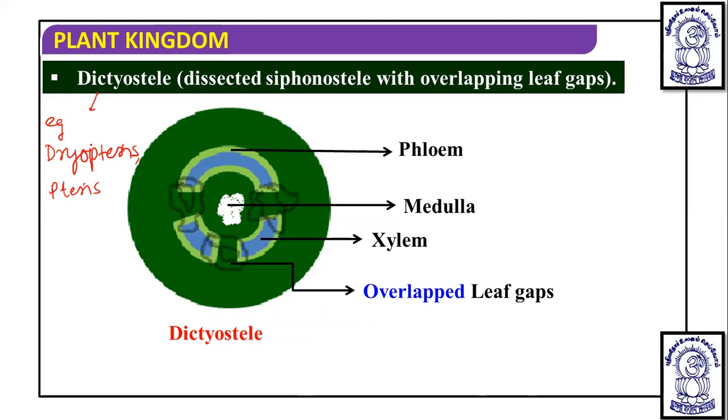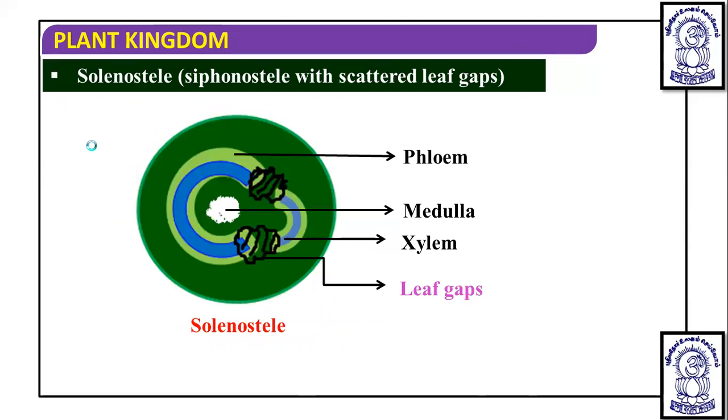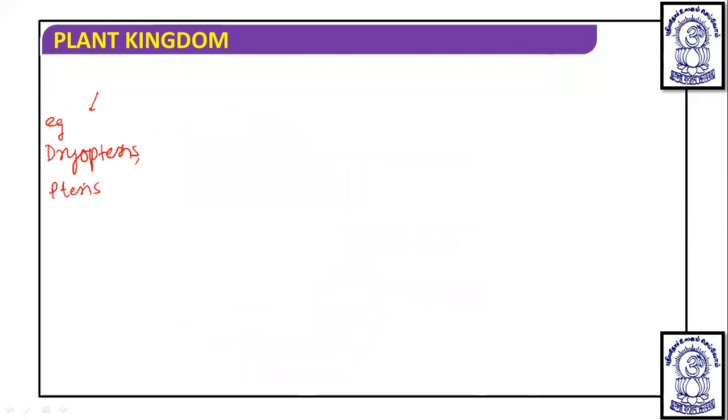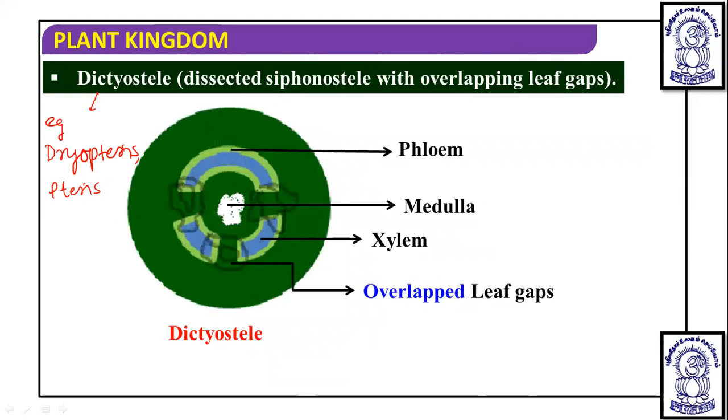And apart from this, if we talk about the previous one, that is solenostele, then we come to know that solenostele is found in case of Adiantum. Okay, so these are the two types of siphonostele in which pith is present.